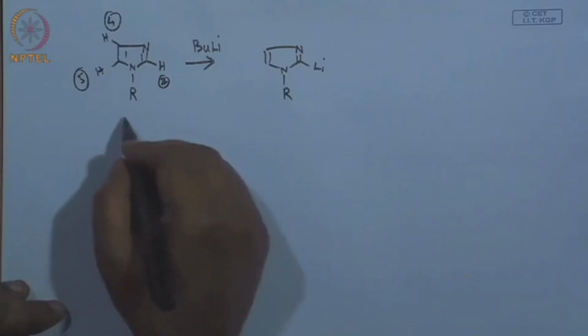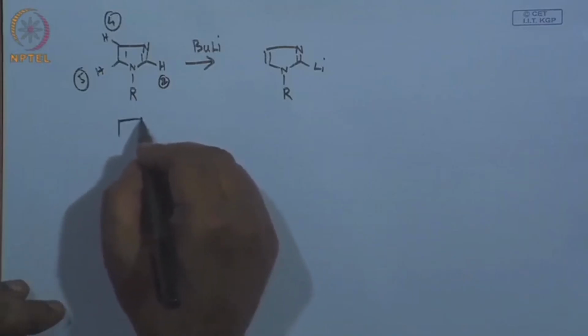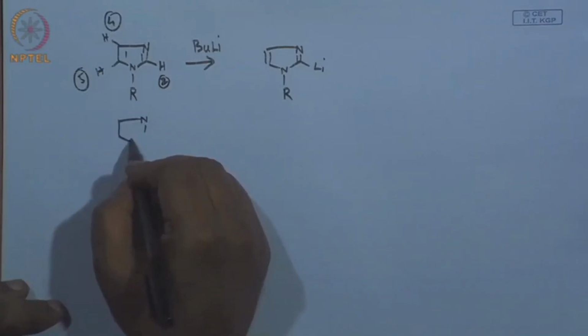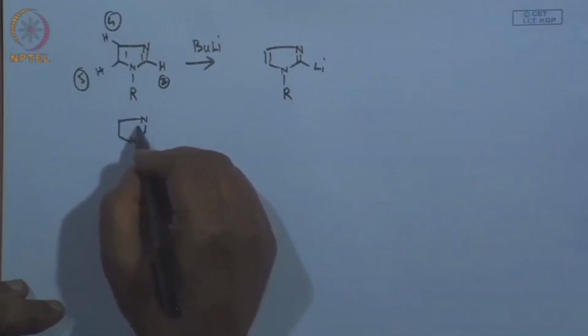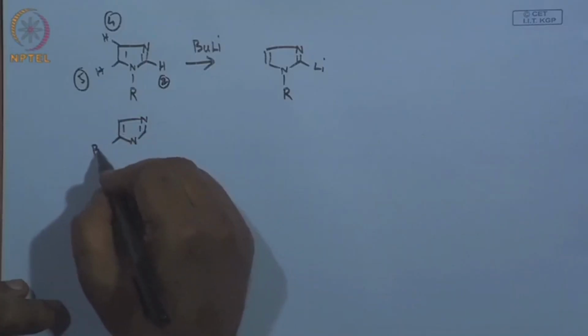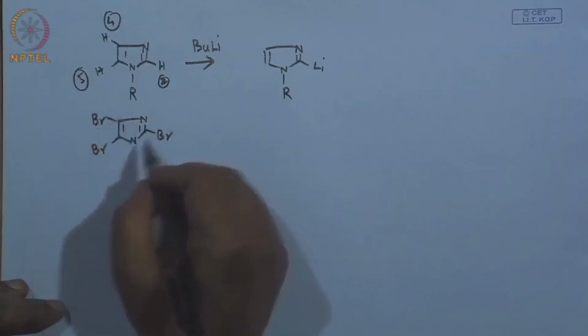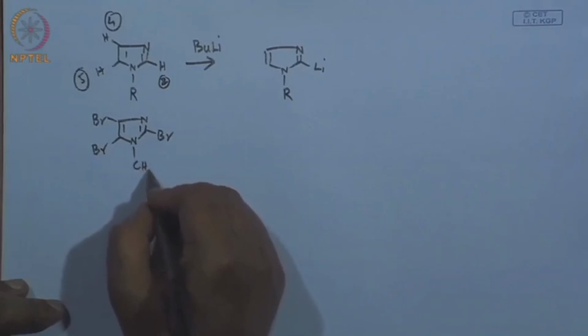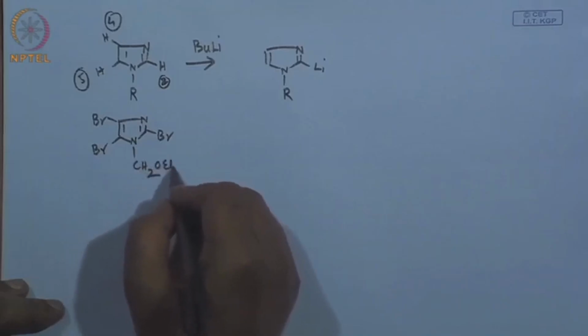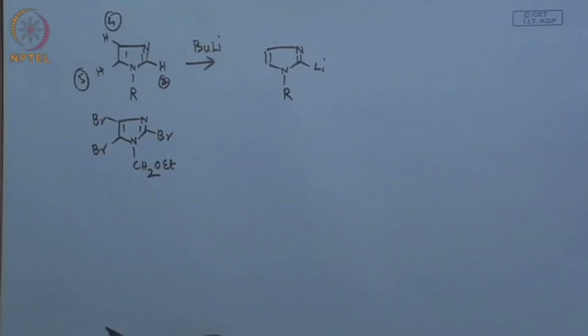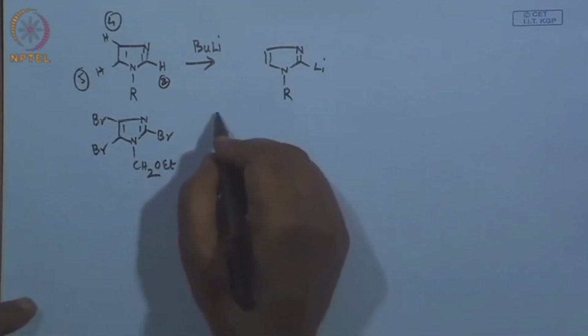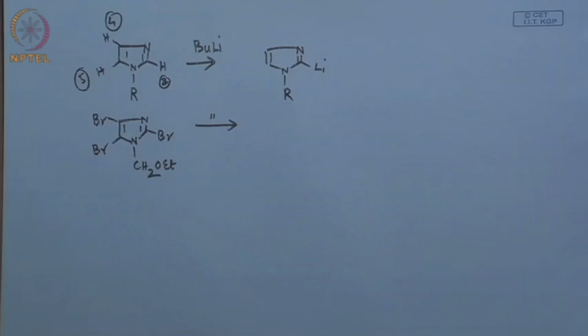Let us look at one more example, where you have a different kind of substrate. Now you have a well defined protecting group, CH2OEt. Now, once again the reaction conditions are the same, butyl lithium.